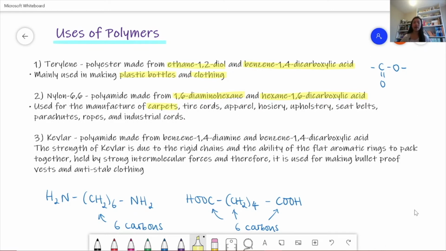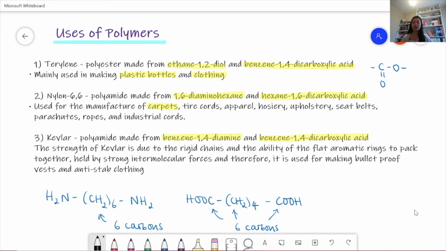And then thirdly, we have Kevlar, which is a polyamide made from benzene 1,4-diamine and benzene 1,4-dicarboxylic acid. This is probably the easiest to remember because they're both based on benzene and on the first and fourth carbon, and then you just need to remember that we use a diamine and a dicarboxylic acid to form a polyamide.